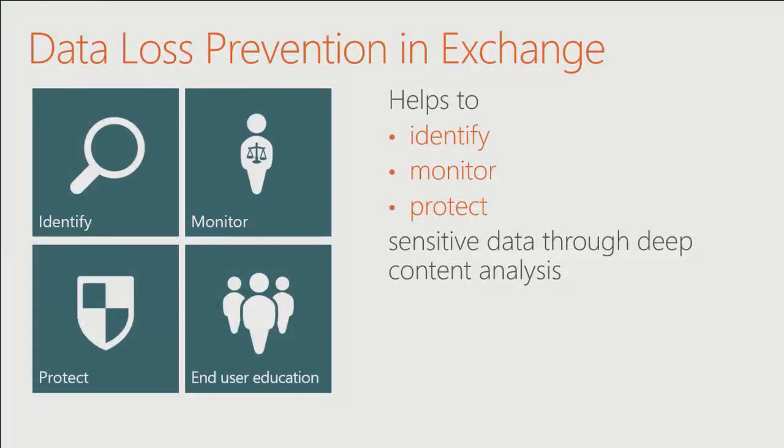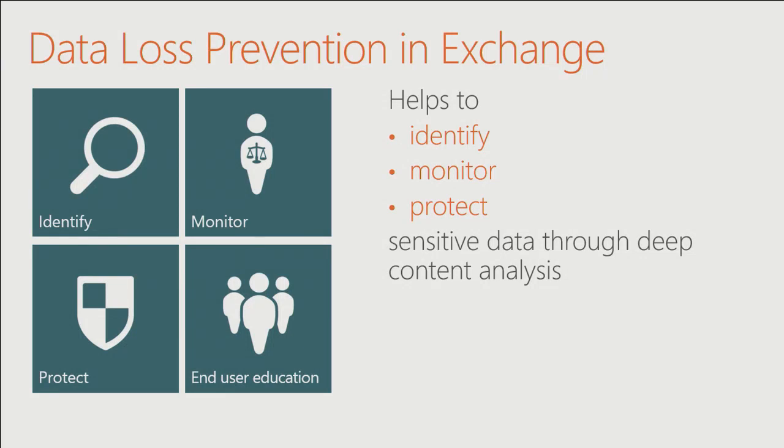So just to start off, this is our traditional intro slide to data loss prevention. It puts more of a common framework around how we think about it. Data loss prevention for us is really about helping to identify, monitor, and protect sensitive data through deep content analysis. It's a lot of words, but identify, monitor, and protect are the ones to focus on.